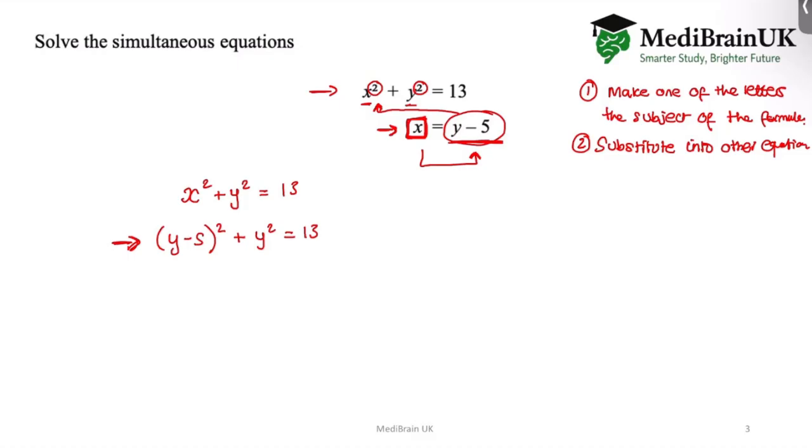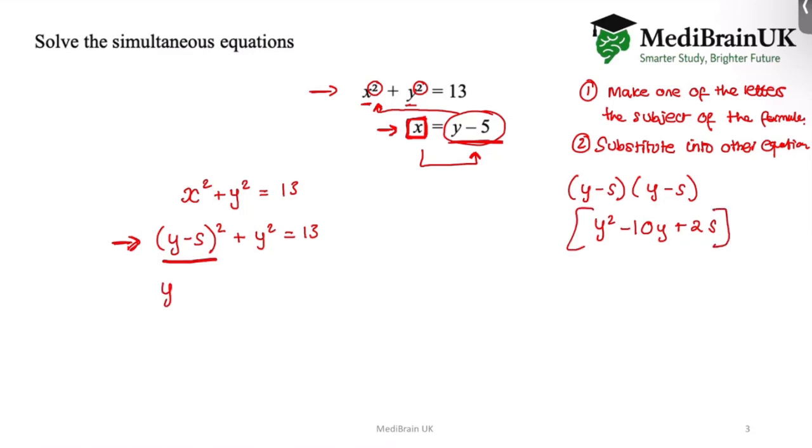So we're going to expand y minus 5 squared. So y minus 5, y minus 5. And that's going to get us y squared minus 10y plus 25 after we expand it.